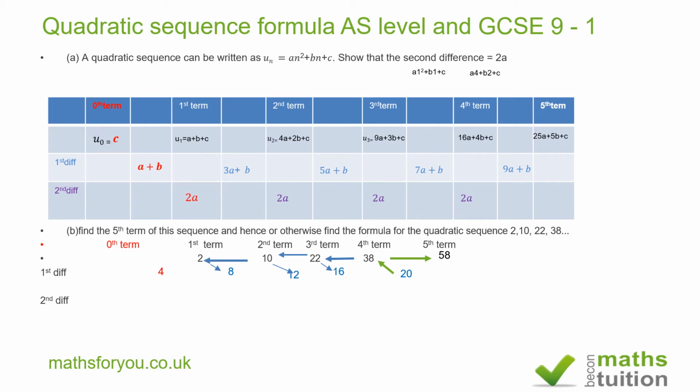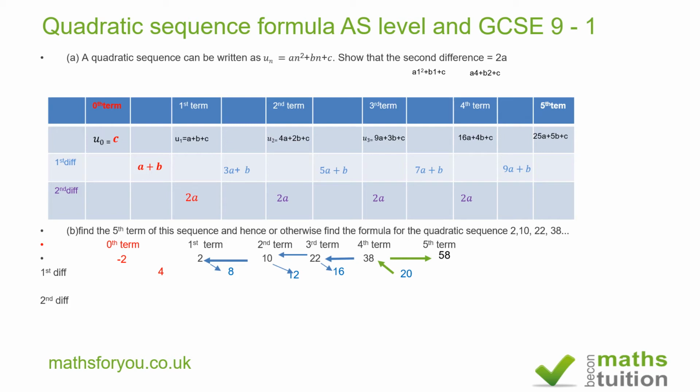To find the 0th term, 2 minus 4 gives us negative 2, and negative 2 should be u sub 0, our 0th term.